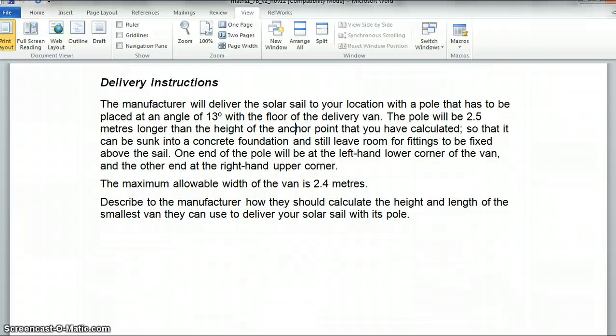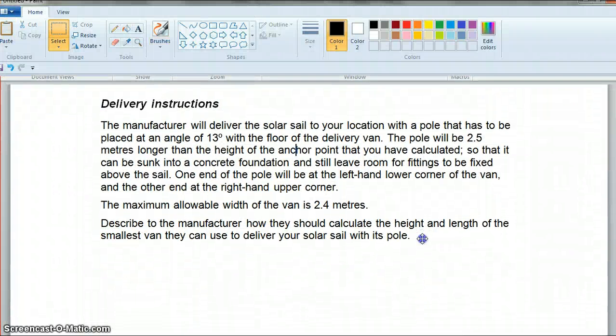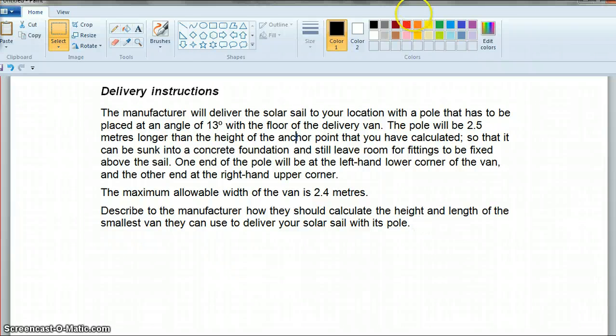The manufacturer will deliver the solar sail to your location with a pole that has to be placed at an angle of 13 degrees with the floor of the delivery van.